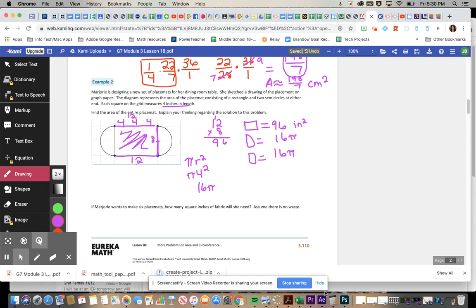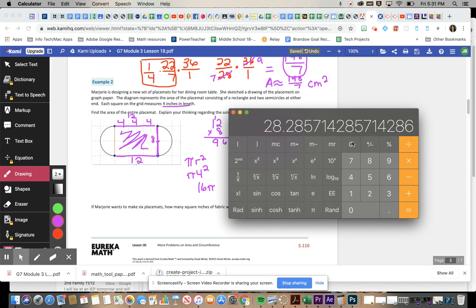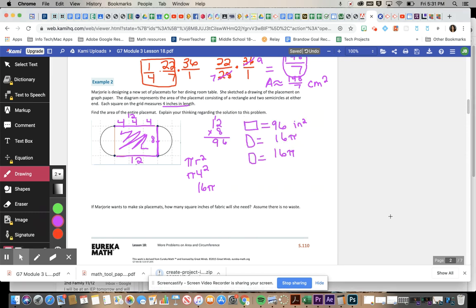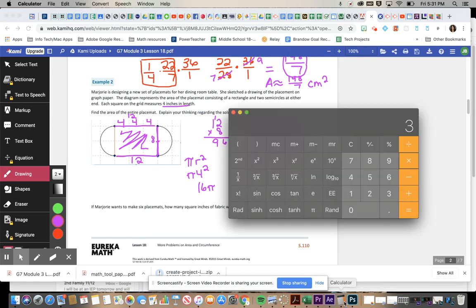Okay. So I'm going to use 3.14 for pi. I'm going to do 16 times 3.14. That gets me 50.24. That would be the area of a whole circle.